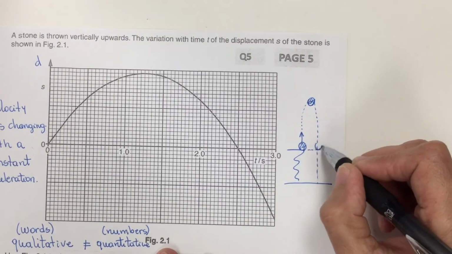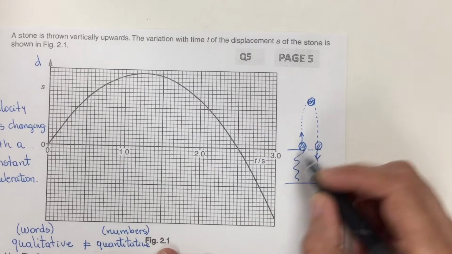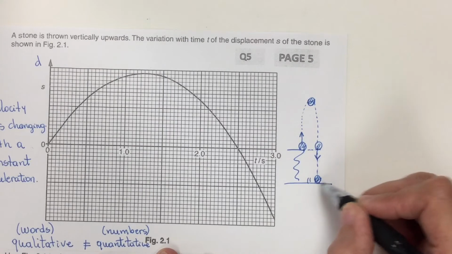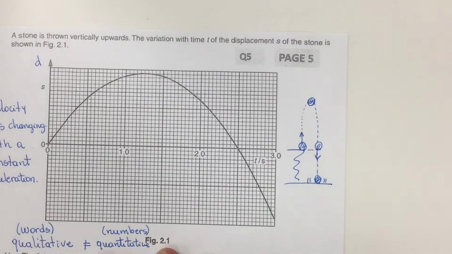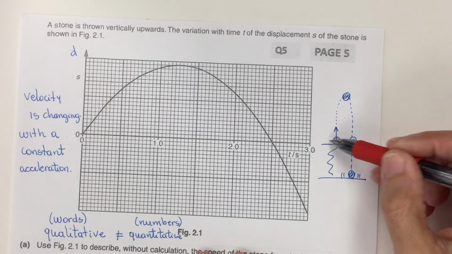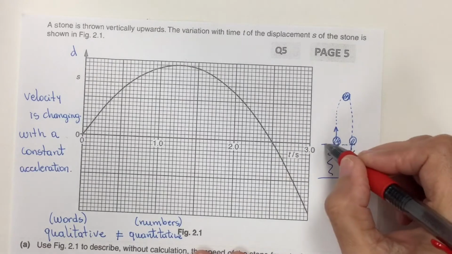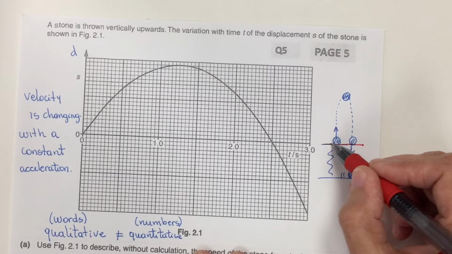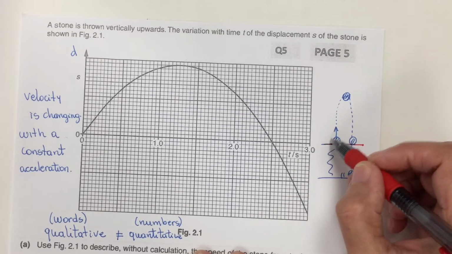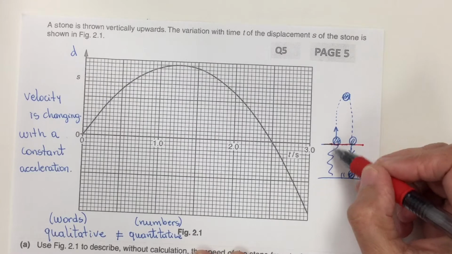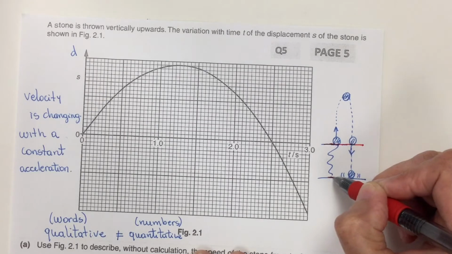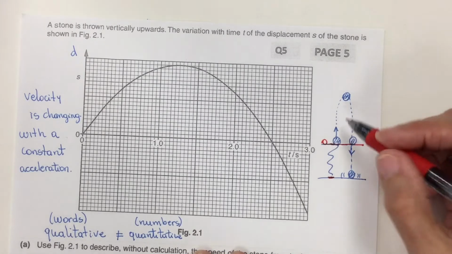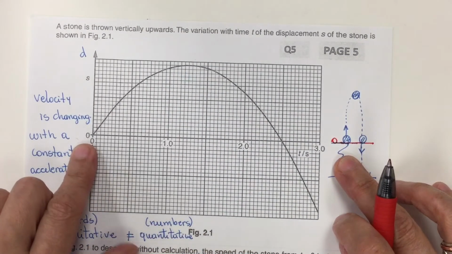It is going to have about the same speed at this level here, and finally it is going to hit the ground. So here is our reference line. This is our reference line where everything starts. So s here, or distance here, is 0. Even though it is at a certain height above the ground, this is our zero point, where everything starts at 0.